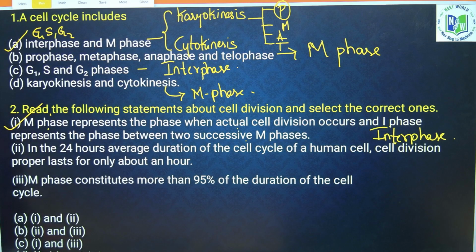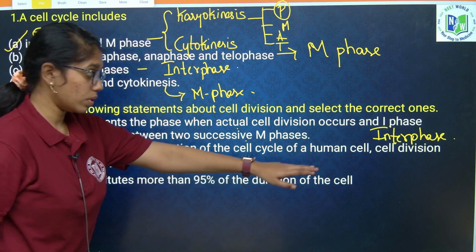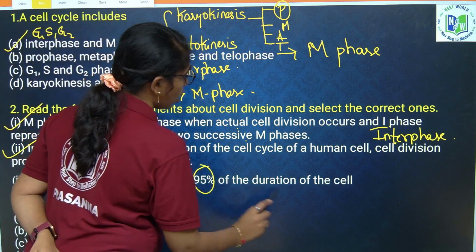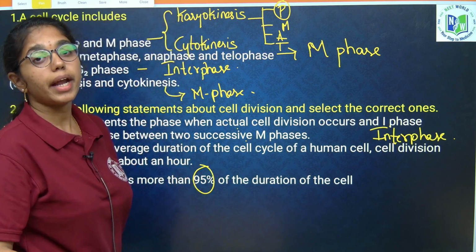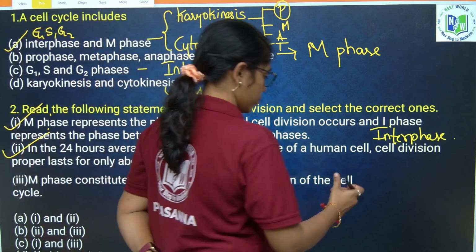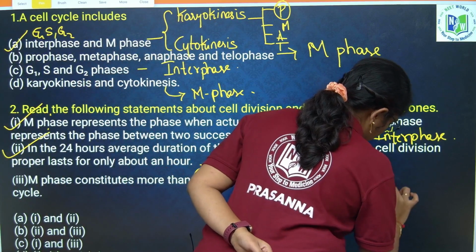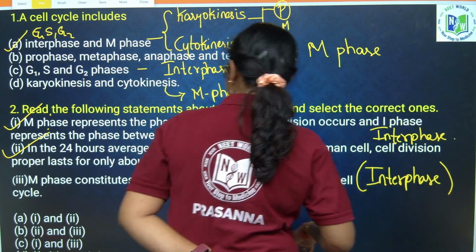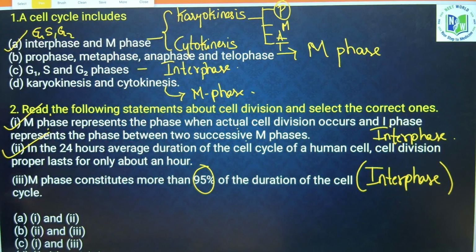In the 24 hour average duration of the cell cycle of a human cell, cell division proper lasts for about an hour, correct. M phase constitutes more than 95% of the duration, wrong. What constitutes more than 95% of the duration of a cell cycle? That is interphase. So what is the option?